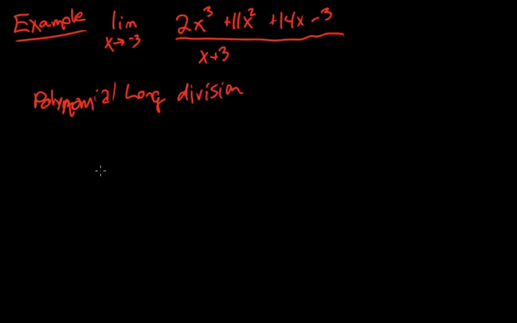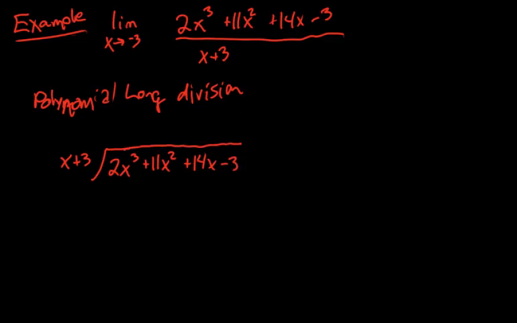So we'll put x plus 3 on the outside, and we want to divide that by our numerator, which is 2x cubed plus 11x squared plus 14x minus 3.